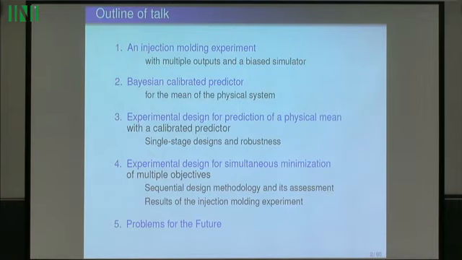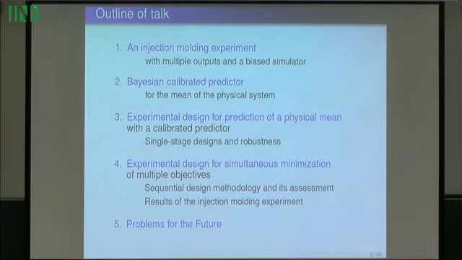Then what we're going to do is use a Bayesian calibrated predictor. This is not new. I'm just using the standard Kennedy and O'Hagan calibration model, for those of you who know what that is.